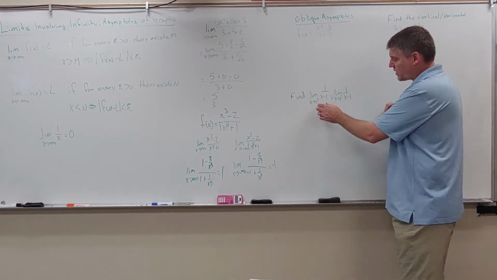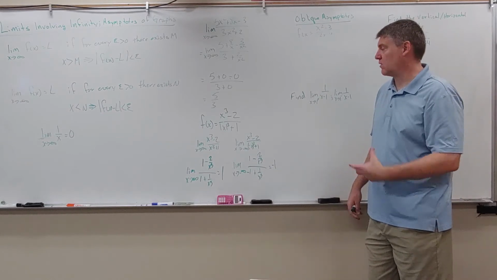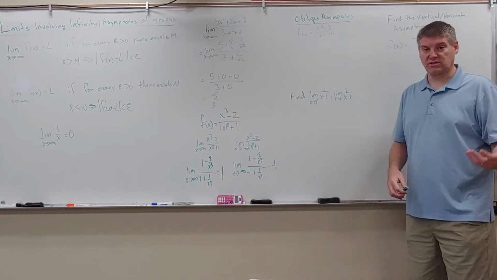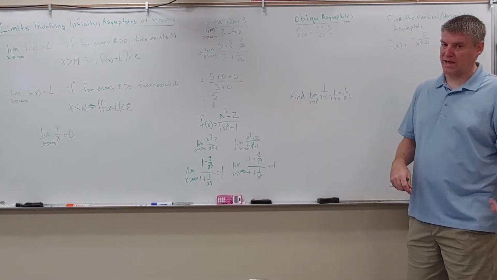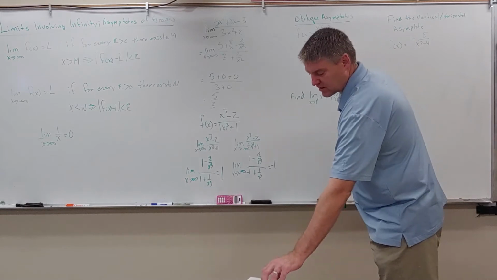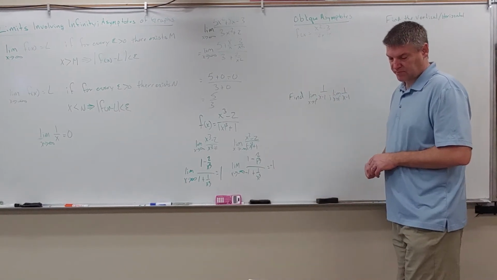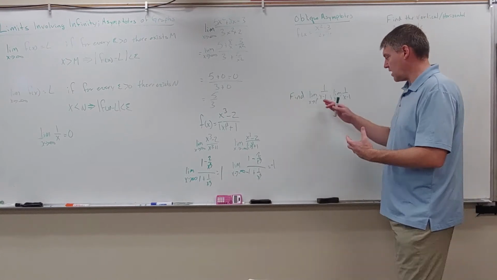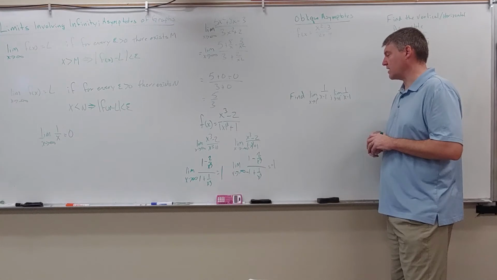We know that if we plug 1 in here, we have a problem. We have 1 over 0, which tells us we're going towards infinity, but are we going towards positive infinity or negative infinity? So we want to utilize the concept of positive numbers versus a negative side.